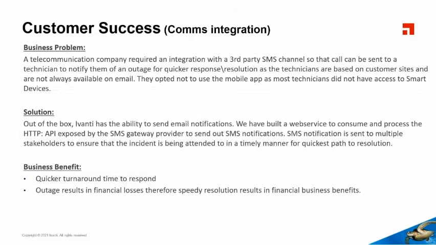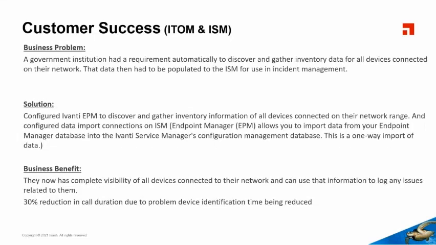SMS notifications were also not sent to a single individual, but to multiple stakeholders, to ensure that the incident is being attended to in a timely manner for the quickest resolution path. The benefit that this customer realized is quicker turnaround times to respond. An outage results in financial loss, therefore speedy resolution is a financial benefit to the business. And then moving on to the last slide.